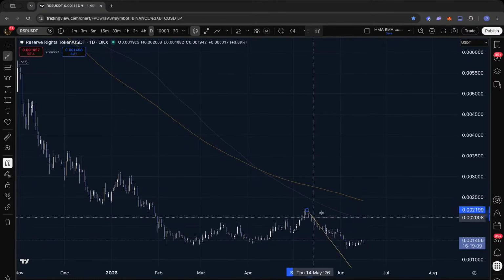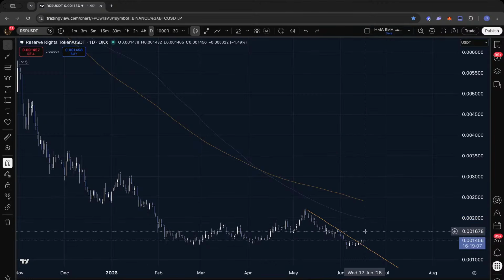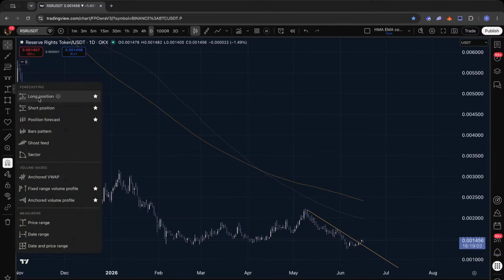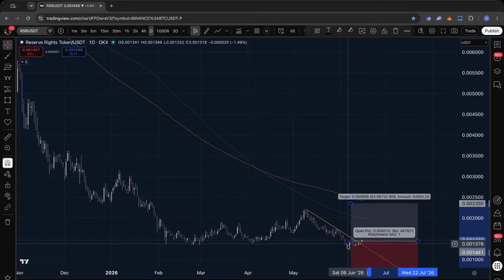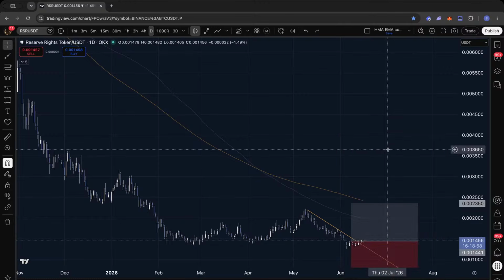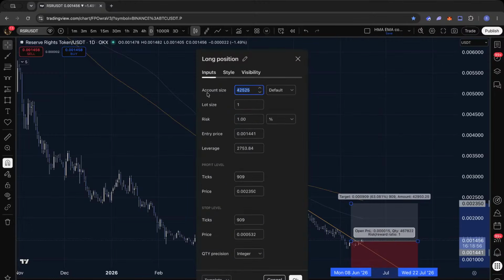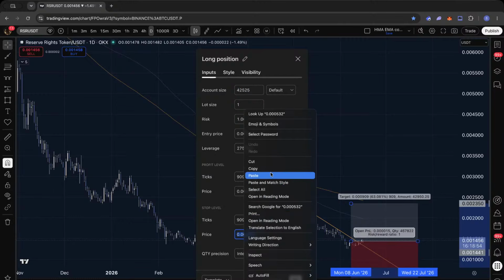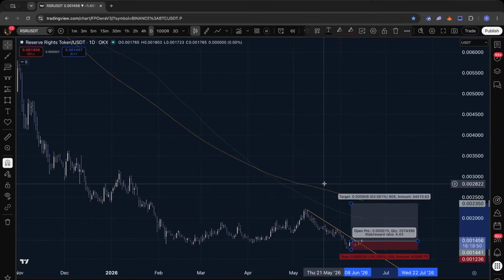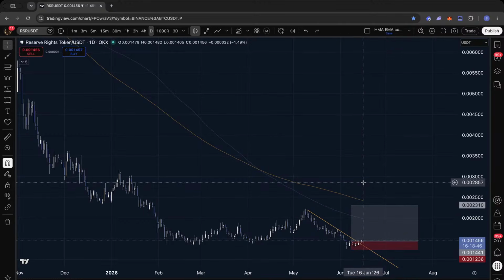Then we have a daily W. It's not bad. Going with that daily W, it's not a bad idea if you want to get some swing long positions. But as I said, I won't put too much risk on the table on these altcoins. In and out fast, that's the play for me.